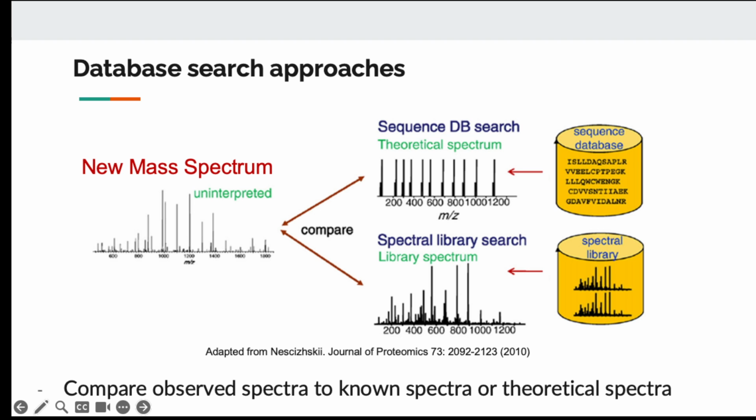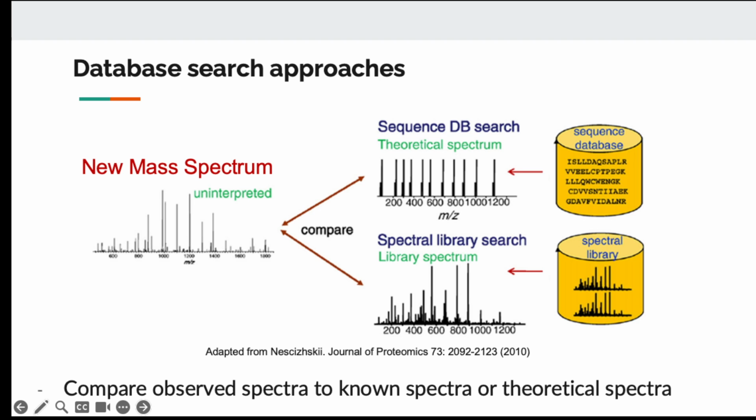Another possibility, if you study model organisms, is that other people might have analyzed it before. So you have previous proteomics data with annotation. People know which spectrum corresponds to which peptide. So we can also compare spectrum to spectrum.